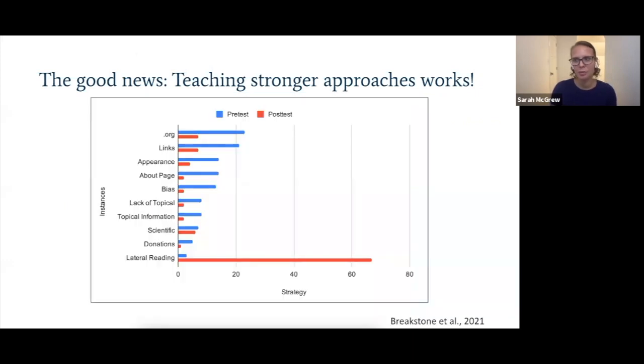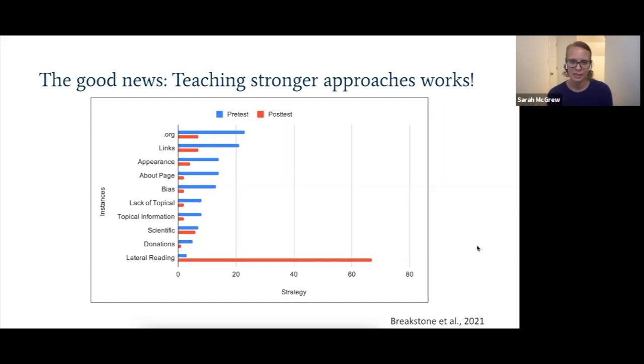And then just one more study, this from a college class that colleagues of mine did. This was an intervention to teach college students in a nutrition course to read laterally. Students evaluated a website before and after the intervention. This graph shows the difference in the approaches those students took on the pretest, before any of the lessons, and then on the post-test after them.